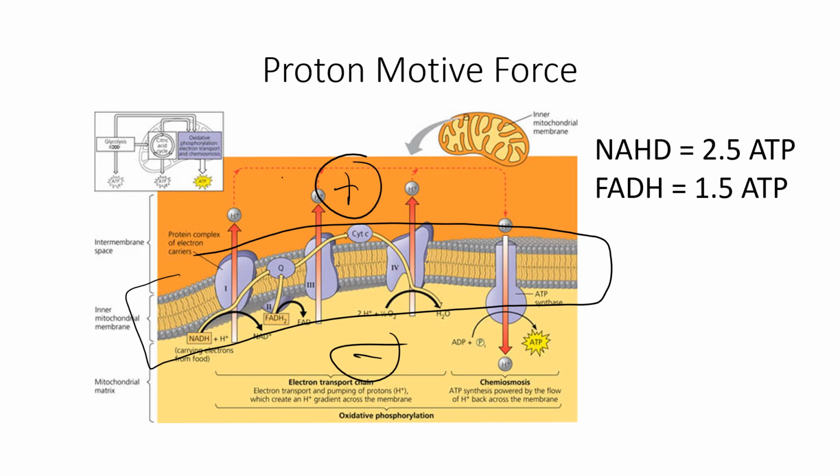The matrix is negative. So there is a charge that exists across the inner membrane. A charge that exists across a membrane is by definition a membrane potential. So the mitochondrial membrane potential is the charge that exists across the inner membrane, the inner membrane space being positive and the matrix being negative.